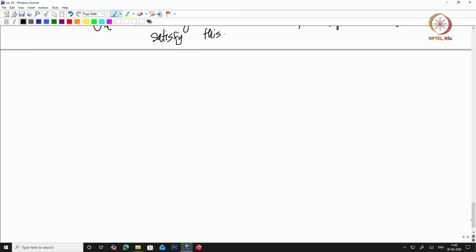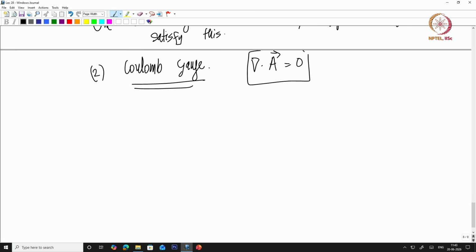This is an important gauge, and now let us move to the other gauge. The other gauge is called the Coulomb gauge. This is also another important gauge. It is defined by del dot A bar is equal to 0. It is actually used in some calculations.